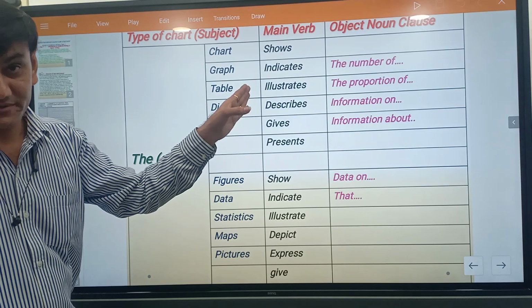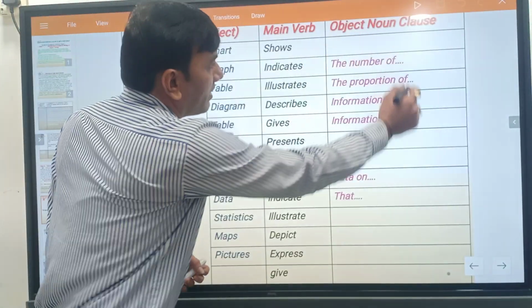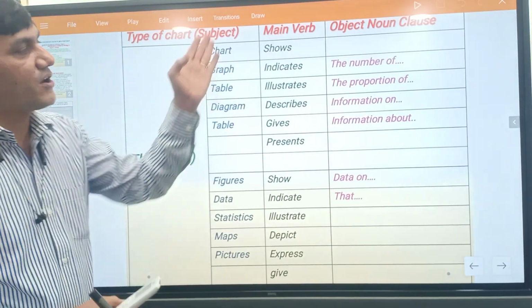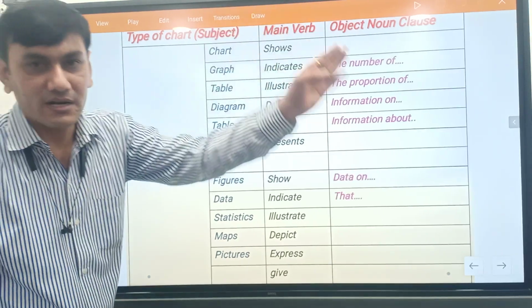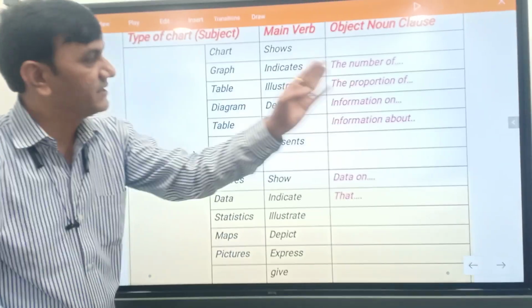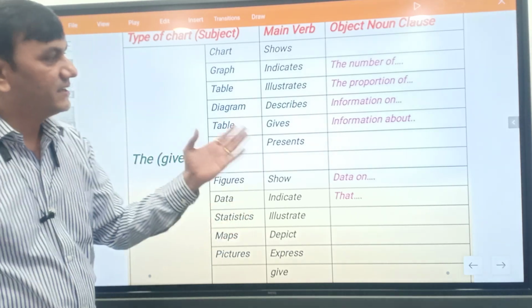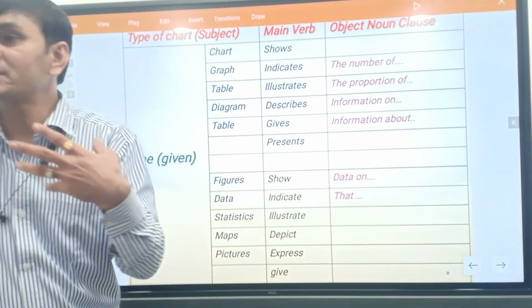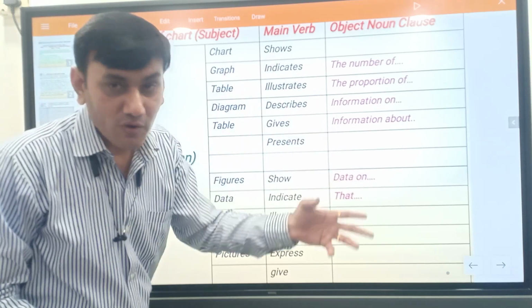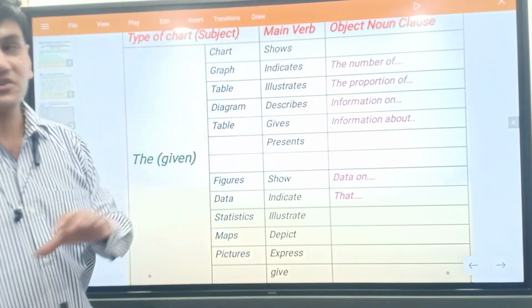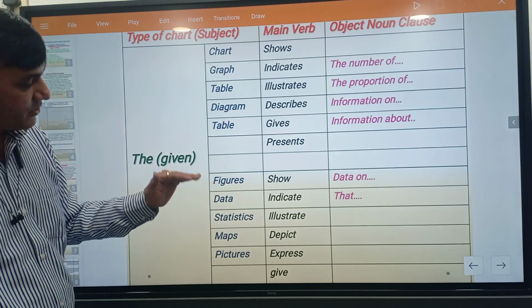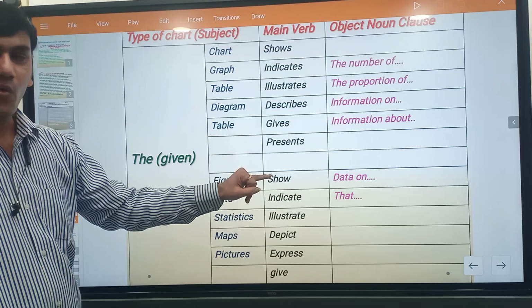Graph indicates. Then in the object, noun clause, number of people, number of countries, number of visitors, then proportion of, when something about percentage, then information on, when you want to write some information, then information about. So you have to follow this structure. If it is plural, then figures show.